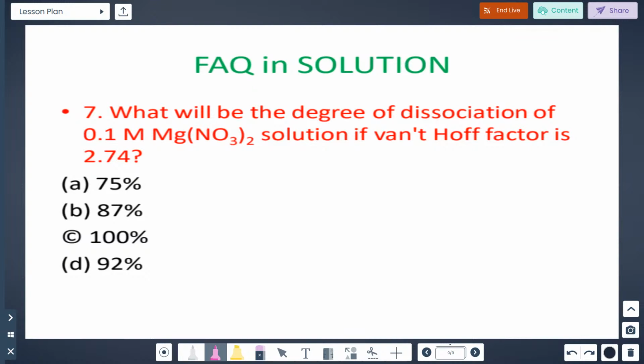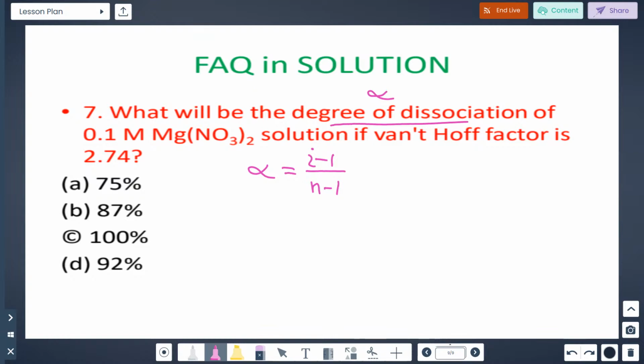In this sum, the Van't Hoff factor is given. They are asking to find out only the degree of dissociation. This is called alpha. Also, we have a simple formula. So first I write the formula for that. Alpha is equal to (i minus 1) by (n minus 1). This is the formula. You follow it? Now you can substitute as it is.